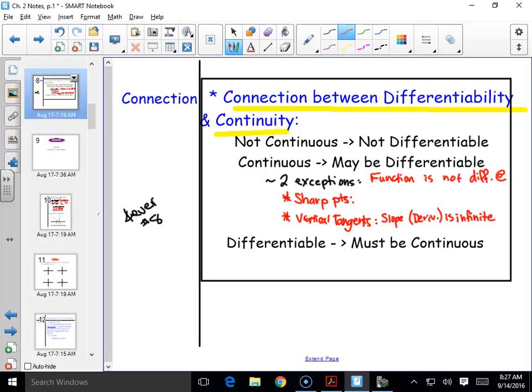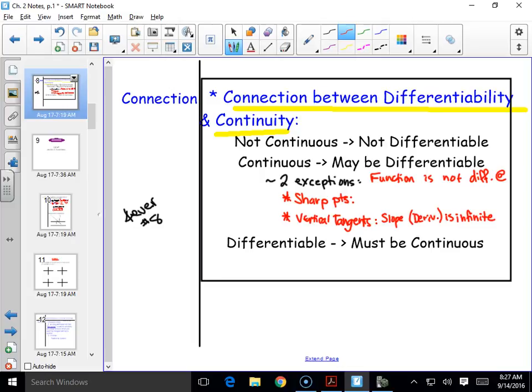So remember, your derivative is really a limit. If your derivative is infinite, if the limit ends up equaling infinity, you have a vertical tangent, and we say technically the function is not differentiable there, because we cannot state the slope as a constant. What is going on with sharp points?